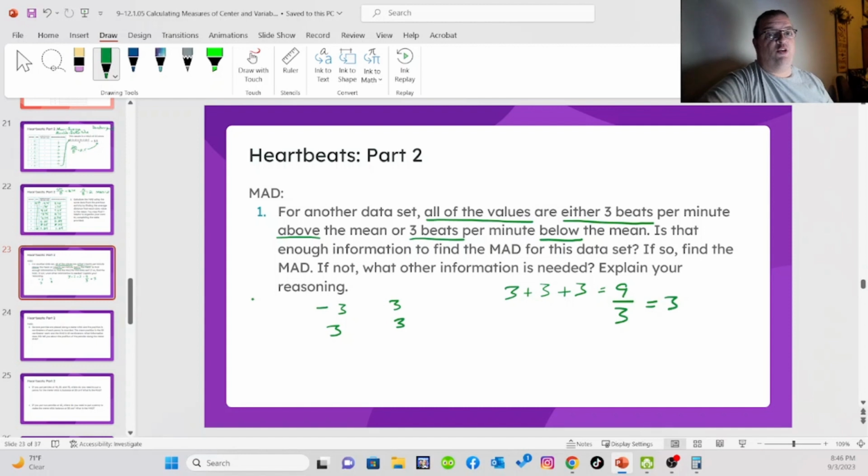So no matter how many points are in the data set, I still know that in the end, my mean absolute deviation is going to be 3 beats per minute.